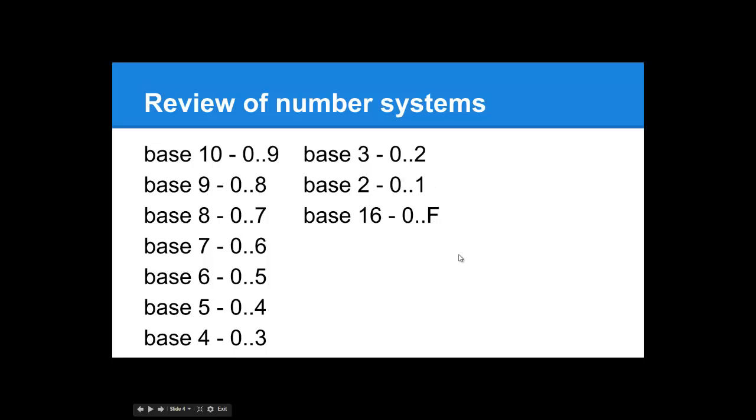Programmers oftentimes use base 16, and computers will sometimes display data to the programmers in this number system. So from 0 to F. And I know that doesn't make much sense right now, and I'm going to explain that in the next slide.